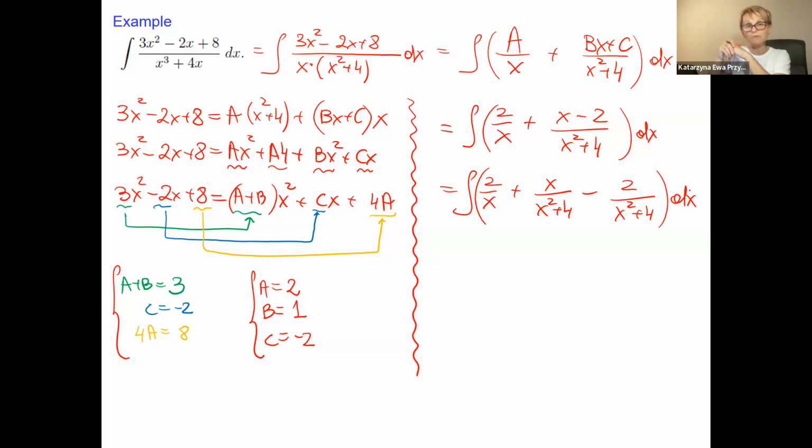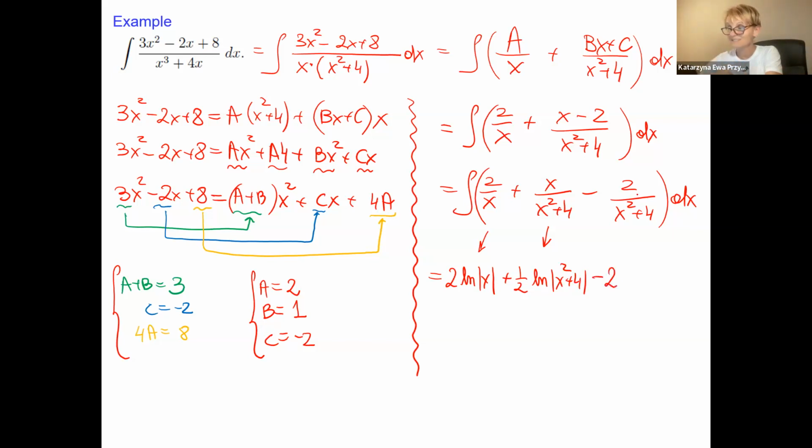Let's do this because we know this denominator suggests arctangent, and only if the numerator is a constant. This integral is 2 ln of x. For this one, use substitution, and we will have 1/2 ln of x squared plus 4, because of the 2x.